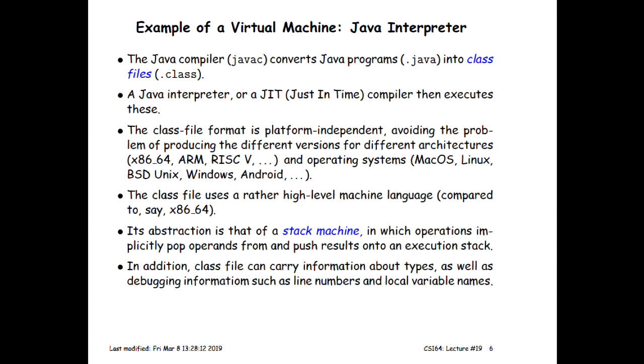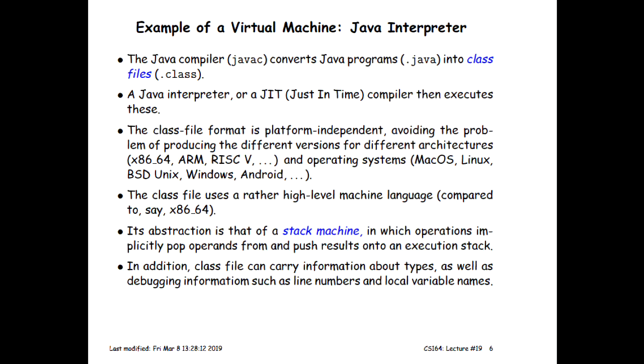So let's just look at the compilation for a particular kind of virtual machine, the Java interpreter, or JVM, Java Virtual Machine, as it's called. We have a compiler that converts Java programs, .java files, into .class files. You know this. And then, from that point, some Java interpreter or some just-in-time compiler executes the class packages.